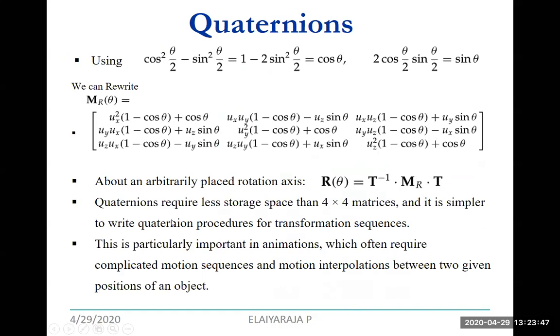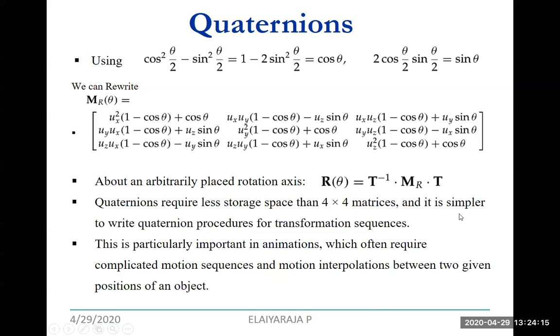So quaternions require less storage space than 4x4 matrices, and it is simpler to write quaternion procedures for transformation sequences. Basically, for 3-dimensional rotation as well as higher dimensions, we can use quaternions.